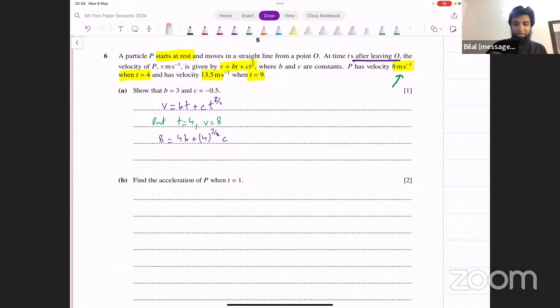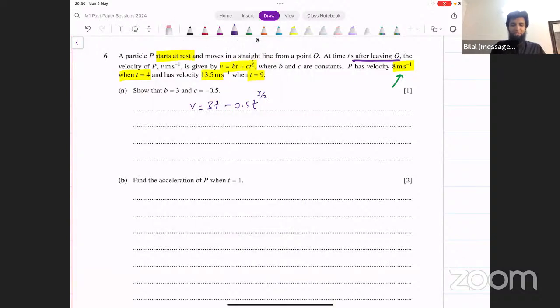In fact, you can make it even shorter. Since you have to show this, you don't have to calculate this again. Just input those values. Input v equals 3t minus 0.5 t raised to power 3/2. That will be even quicker. Since you just have to show that b equals this and c equals this, you don't have to find those values. Just use them.